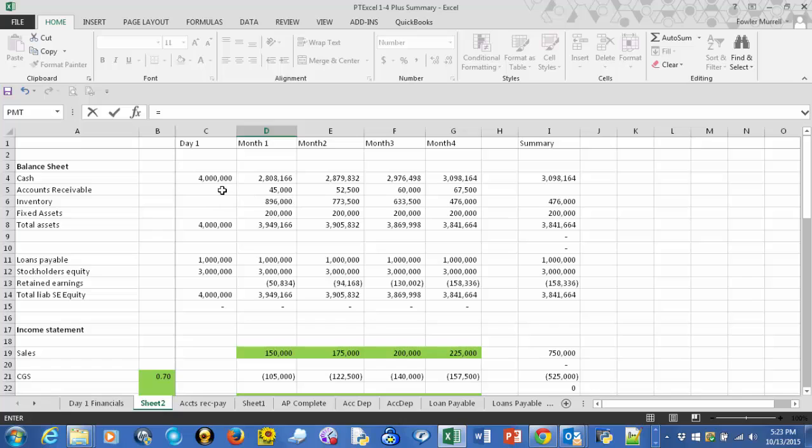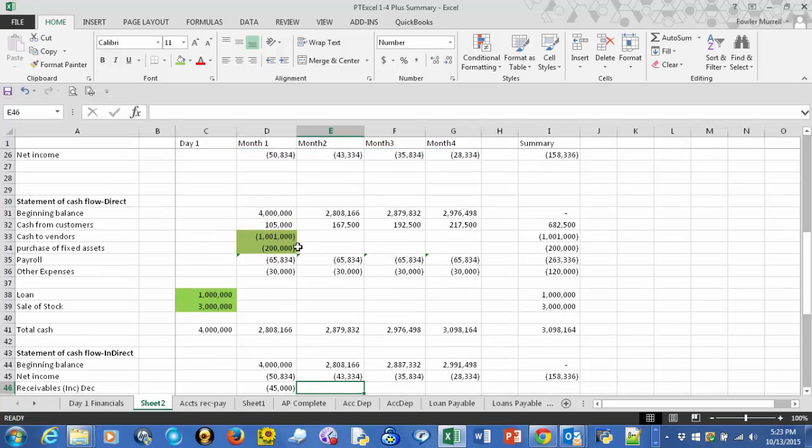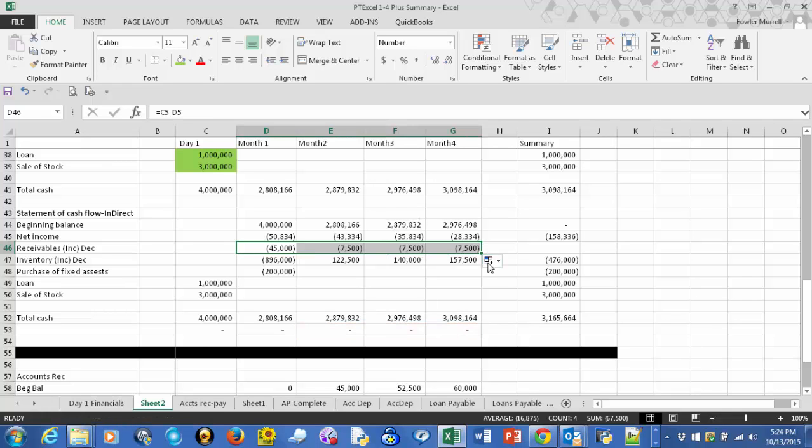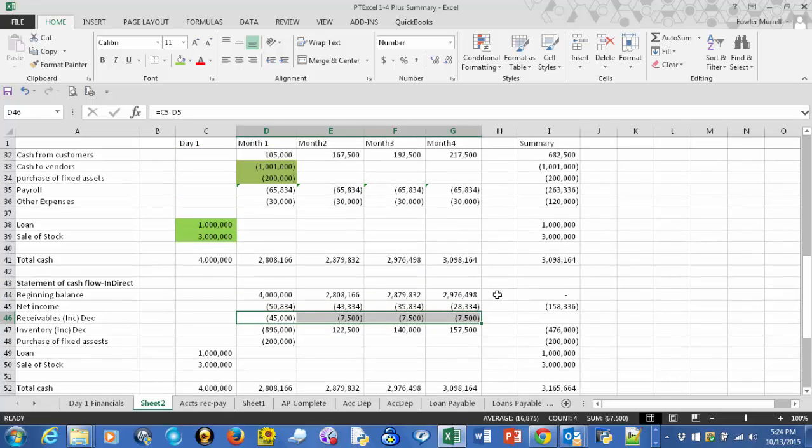So we want to have the difference between this minus that showing up as that negative number. There's the 45, and the red has gone away, and we're going to drag this across. And the red has gone away from the cash flow statement. So I think we are complete.